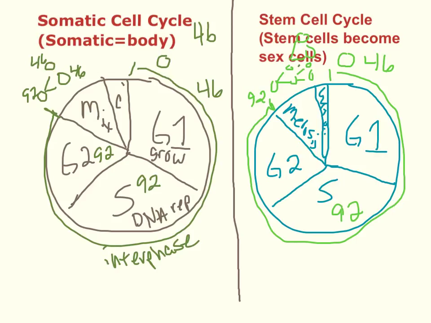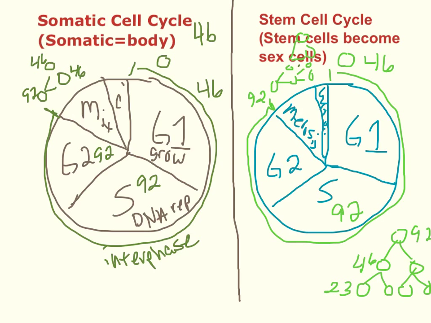Let me just draw them down here. So our beginning cell has 92, these have 46, and our gametes, the resulting cell of meiosis, have 23 chromosomes. So that way sperm has 23 and eggs have 23, and then when they get together they form 46.